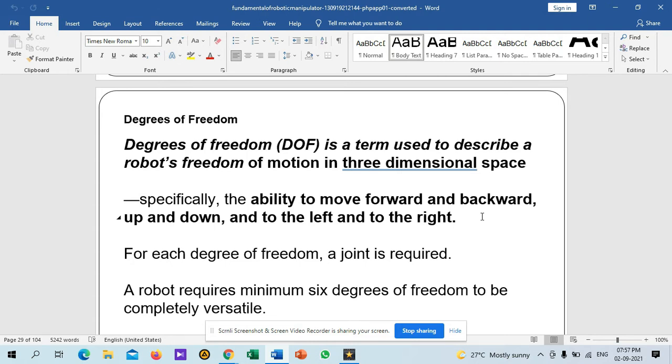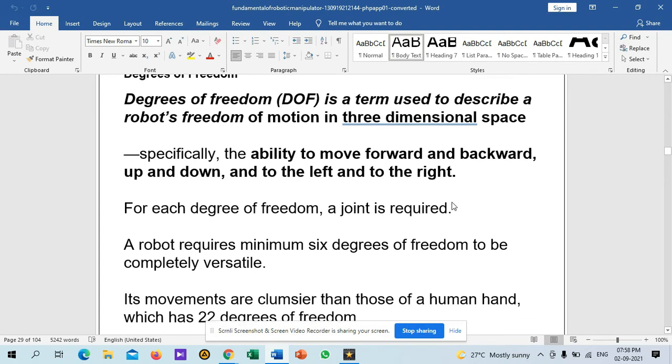Degrees of freedom is a term used to describe a robot's freedom of motion in three-dimensional space, especially the ability to move forward and backward, up and down, and to the left and the right. For each degree of freedom, a joint is required.